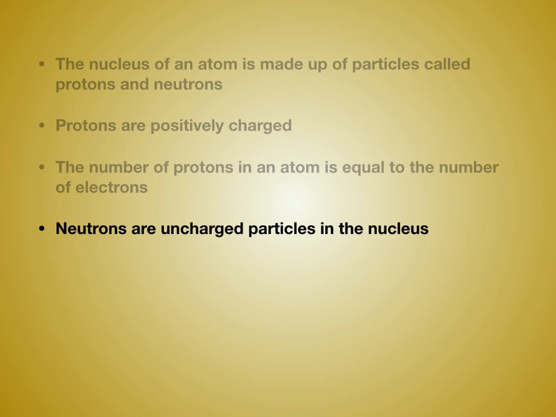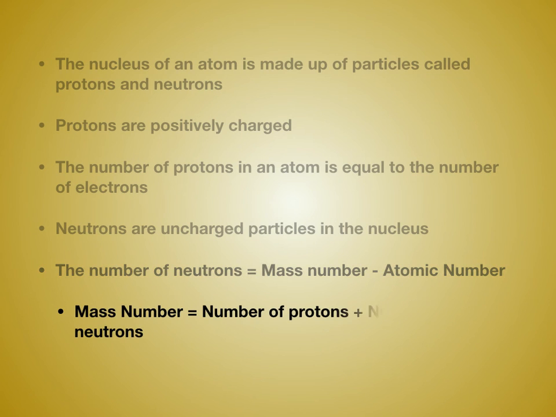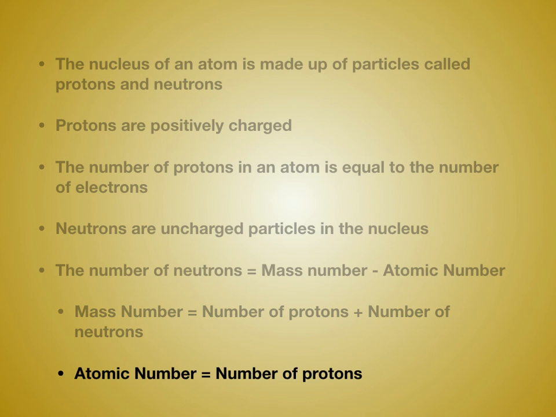Neutrons are uncharged particles in the nucleus. They make no difference to the overall charge because they are neutral. Now, the number of neutrons in an atom is the mass number, take away the atomic number, where the mass number is the number of protons plus the number of neutrons, and the atomic number is simply the number of protons.